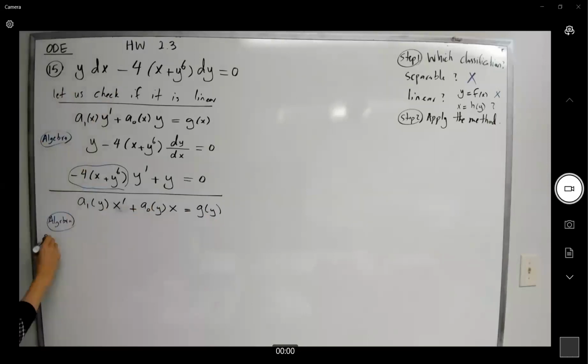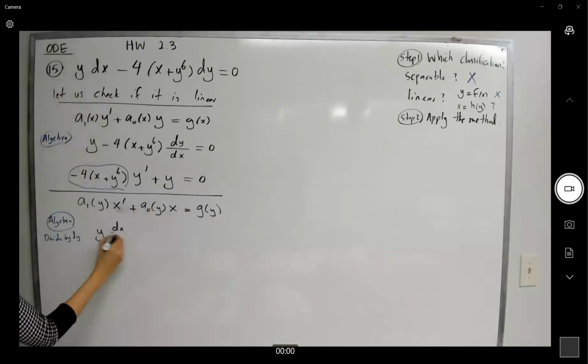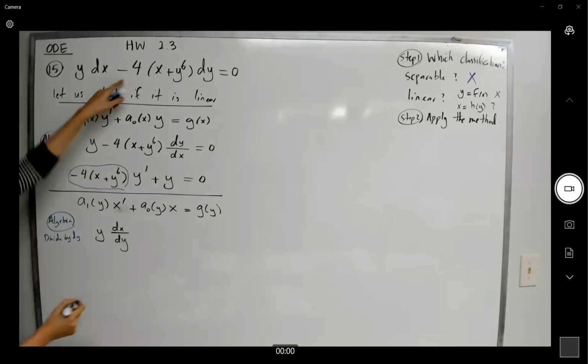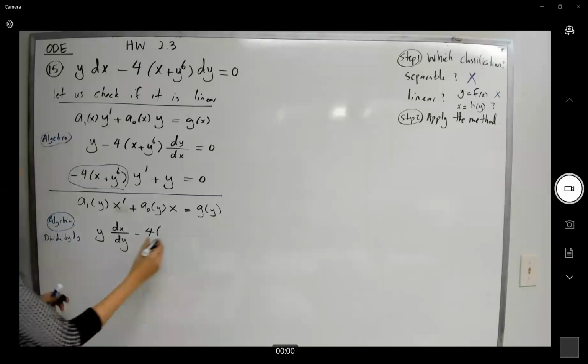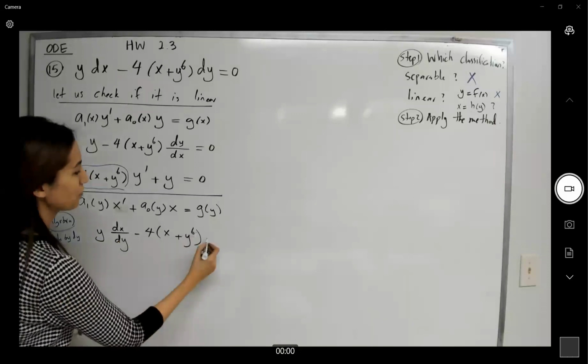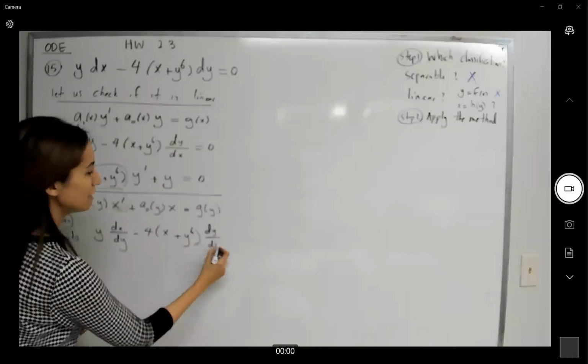Divide by dy instead of dx. What do we get? We get y dx over dy minus 4 times (x plus y to the 6th) dy over dy equal to 0.